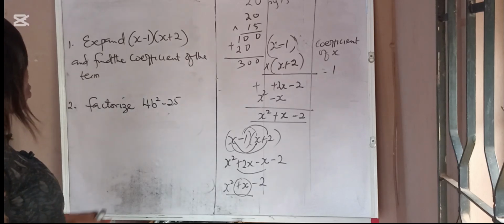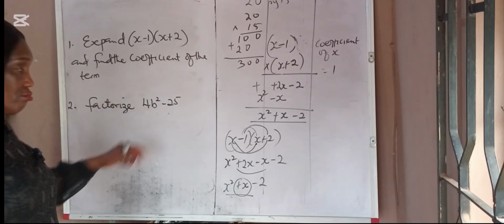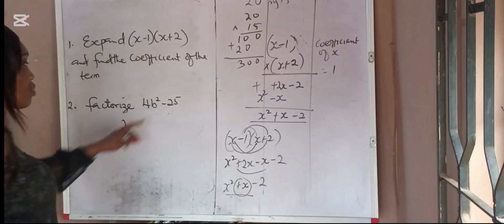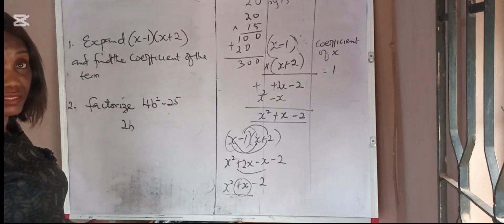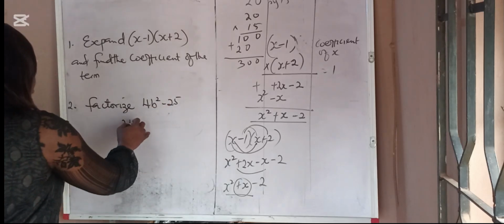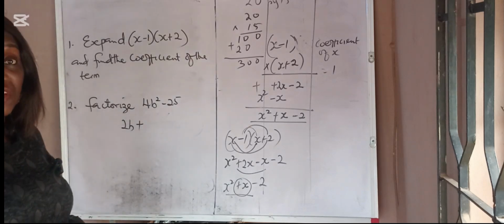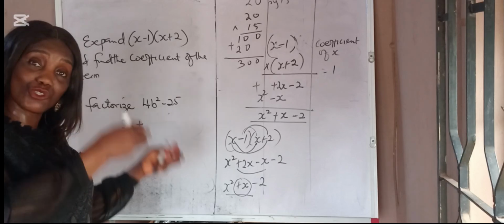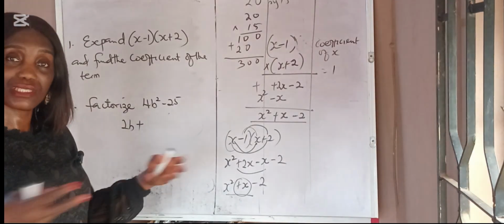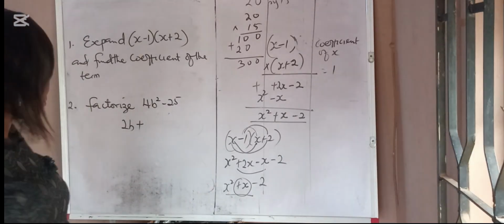All I simply do is, what is the square root of 4? 2. What is the square root of b squared? b. Now what is the square root of 25? 5. And the difference of two squares simply means the product of the sum and difference of the terms.